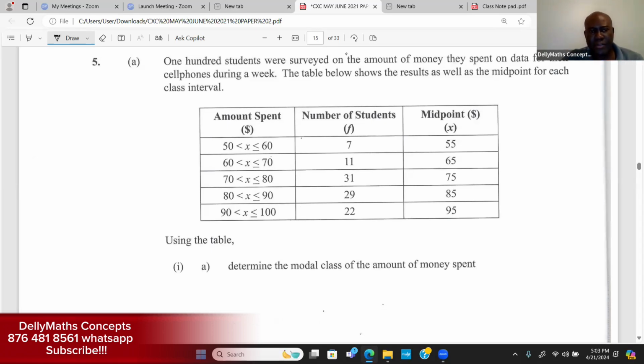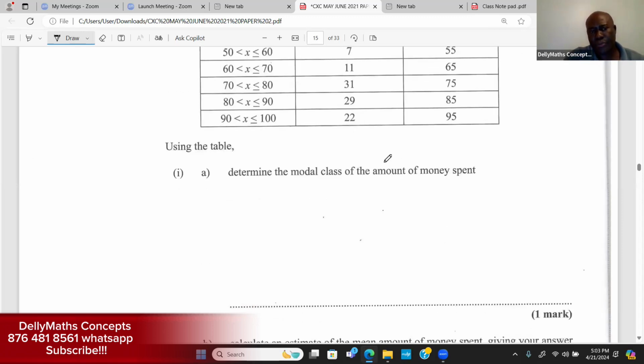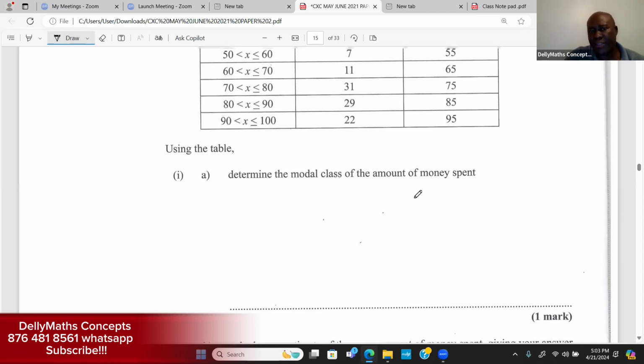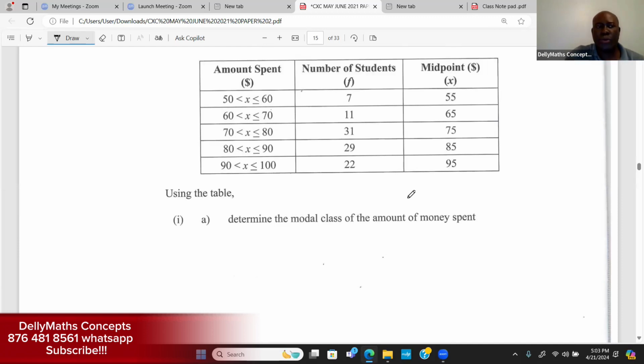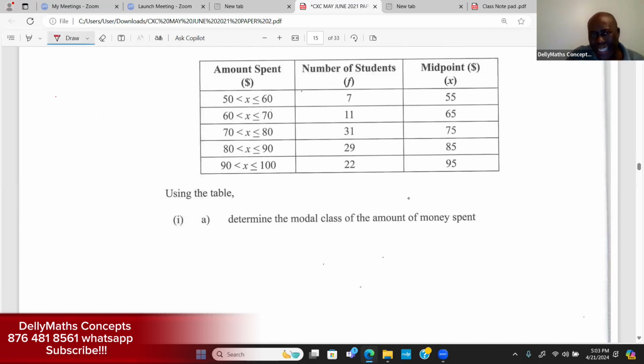Let's see what the question is about. It says using the table, determine the modal class of the amount of money spent. Mode, when we speak of mode, it occurs most frequently.